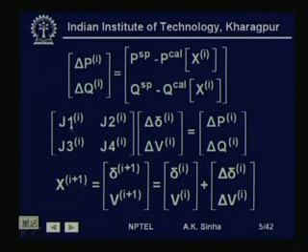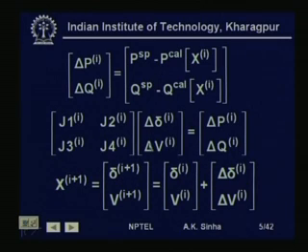Once we know these matrices, we can use the solution for this linear system of equations of the form Ax equal to b. We can solve for this x, and x is given by this.